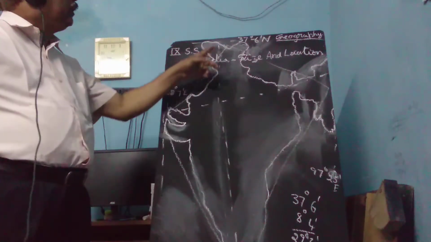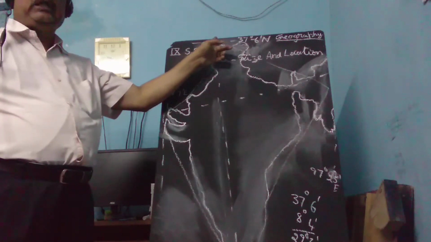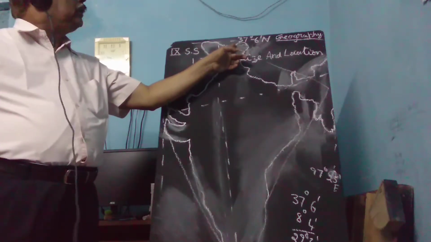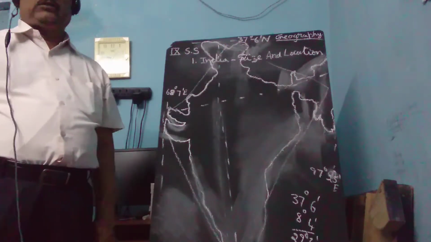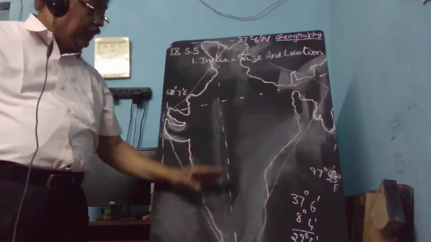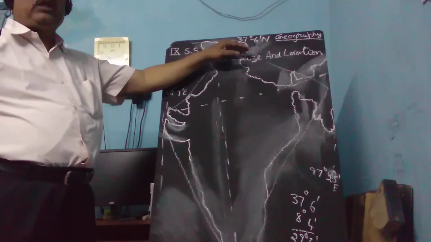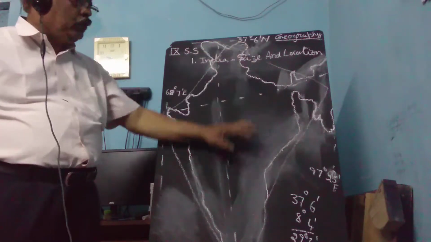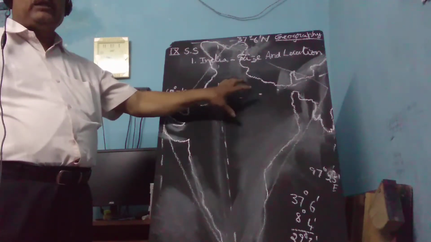The northernmost latitude of India is 37 degrees 6 minutes north. If we subtract the measure of the southernmost latitude from the northernmost latitude, you can get the number of latitudes passing through India.